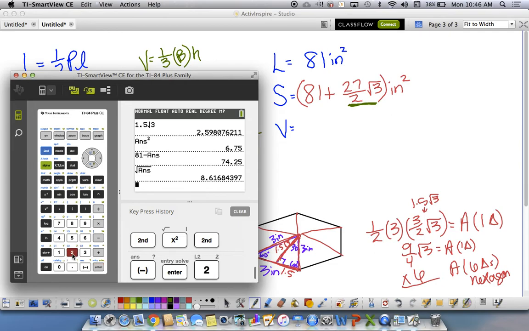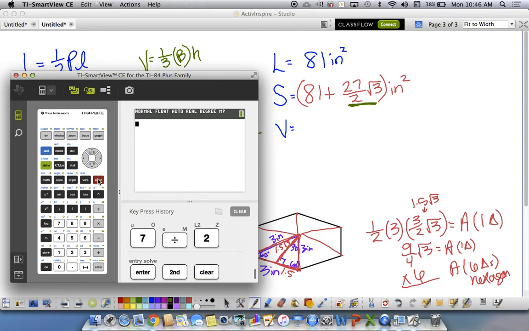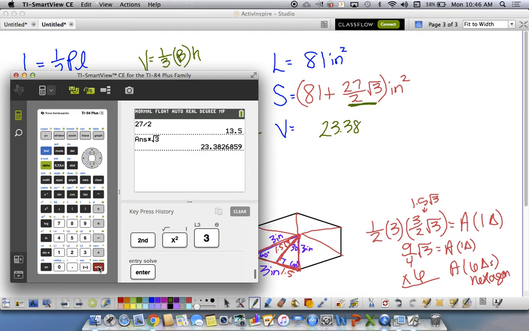So 27 divided by 2 times the square root of 3 is 23. So this number really is 23.38, etc. So I'm doing 1/3 the area of the base times the height.